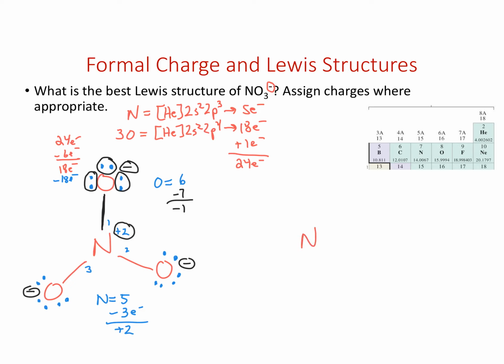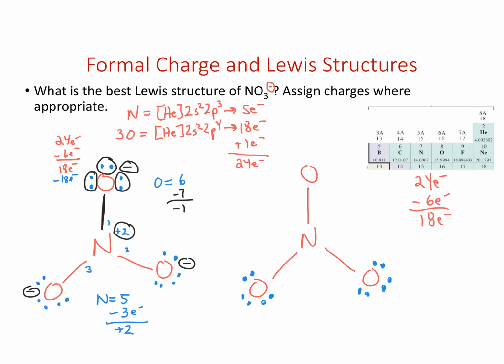Nitrogen goes in the center, and I will surround it by my oxygens. So 24 electrons, I just assigned 6 electrons, 18 left to assign. I'm going to fill the octet for oxygen. There's 6, and there's 12.